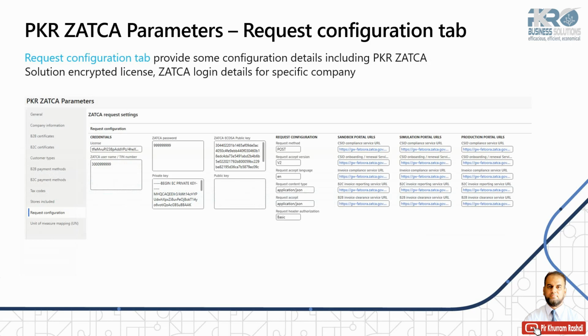So this will be issued for lifetime or for 1 year, and different payment scenarios are available for different companies. Then the ZATCA login details and public key, private key information, and certain configurational things and URLs which relate to the sandbox, simulation or production environment for the FATOORA portal are also filled in this form to be used in the solution.